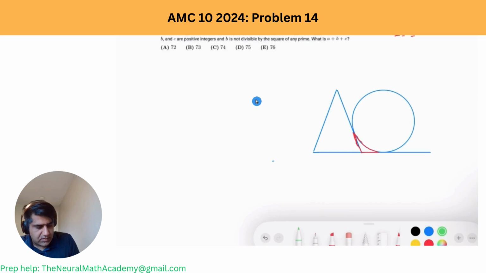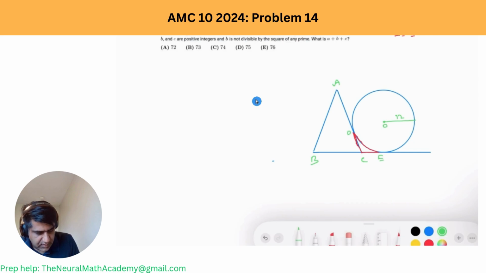let's first label this triangle and also the circle, then it would be easier to work with. Let's call it a, b, c. This is then, let's call it d, e. This is the origin. I'm just going to call it o, and this is 12.